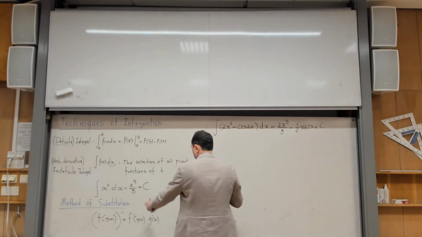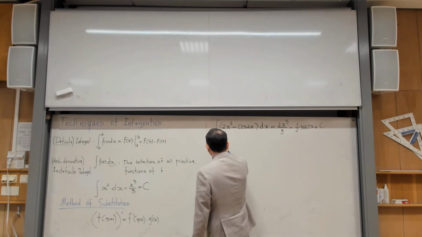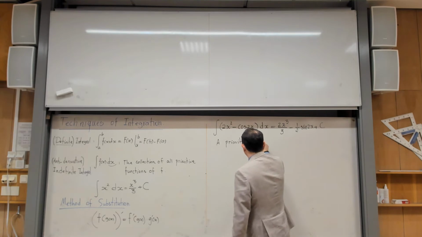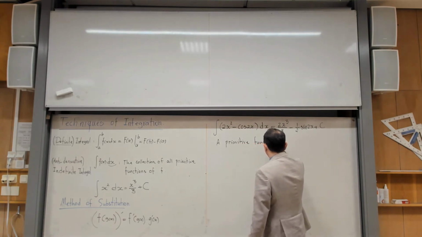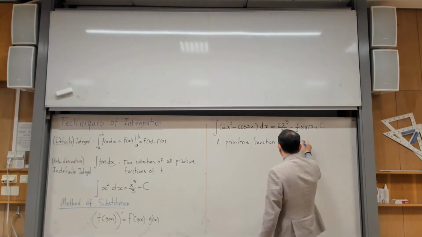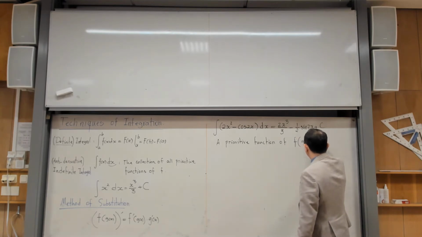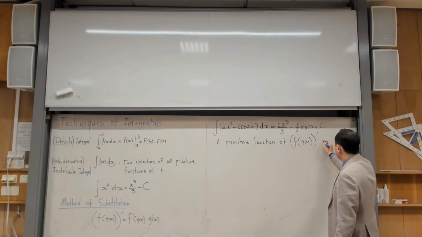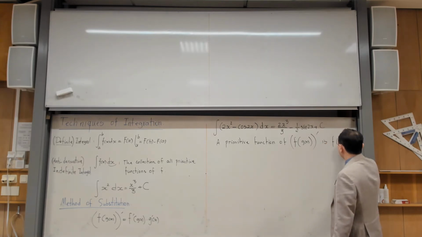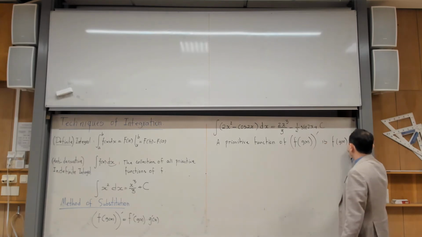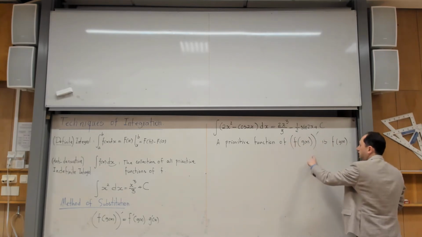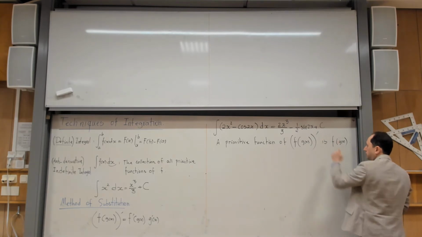It means that if I ask you, can you give me a primitive function of f of g of x, prime, a primitive function of this is the function itself, yes? It's clear. When I ask you to give me a primitive function of this, I am asking you for a function whose derivative is this.